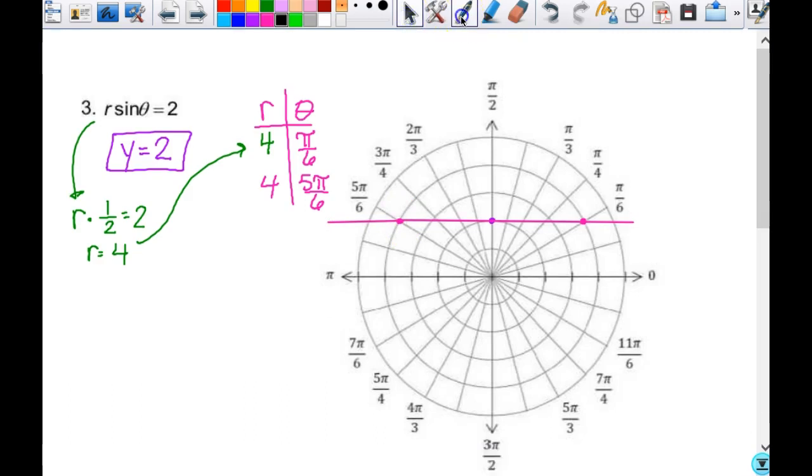Otherwise, if you just plot one point, you're kind of guessing the actual angle of the line. And again, technically you only need 2, but you can get 3 very easily because it's all reflective. Okay, we good with that? All right. So, this is a horizontal line.